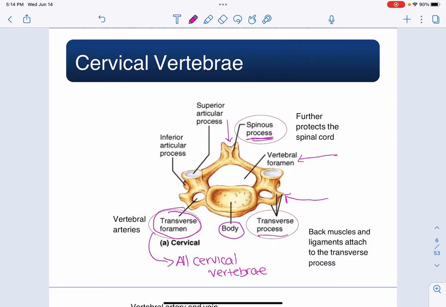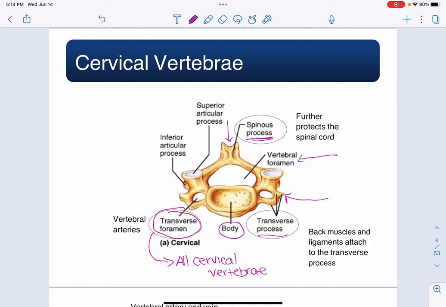There are 2 things that pass through this hole, and I have another picture that shows this: the vertebral artery and the vertebral vein. It's not so important right now that you know what passes through them, but that this foramen is present in all 7 of them. And this is going to be the distinguishing feature of cervical vertebrae.